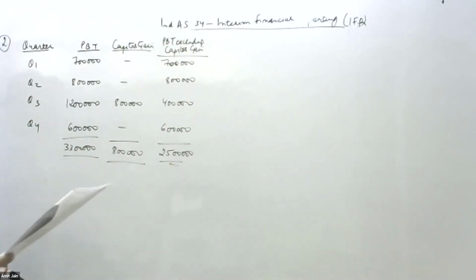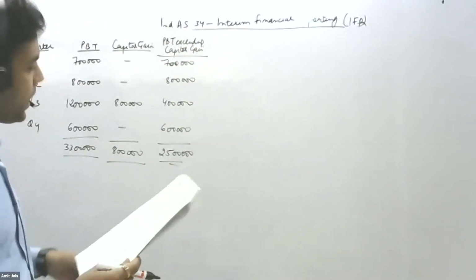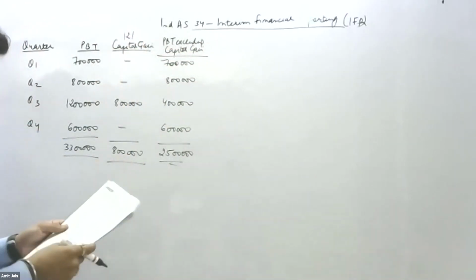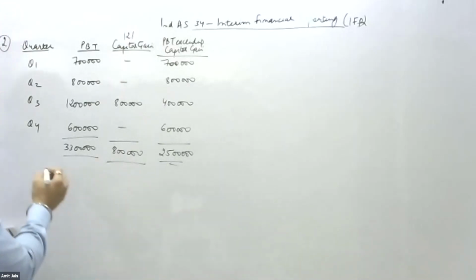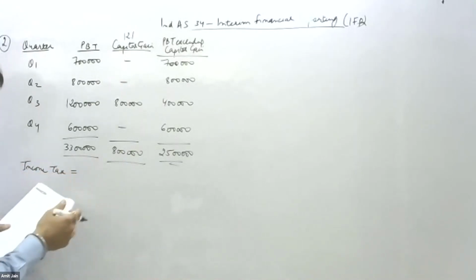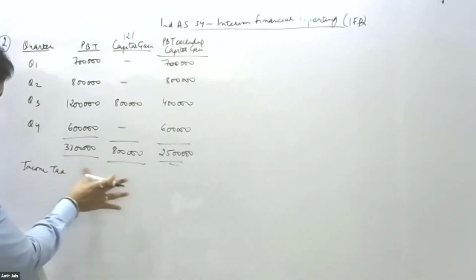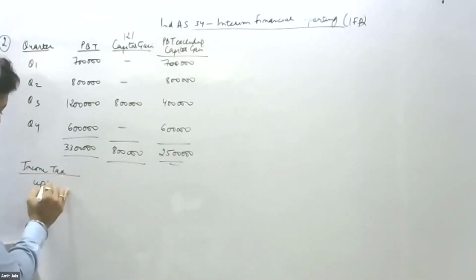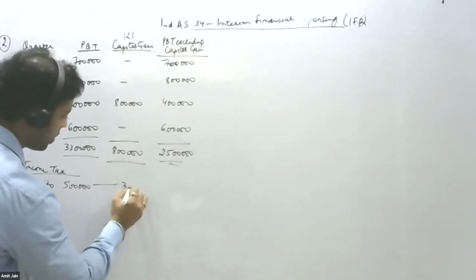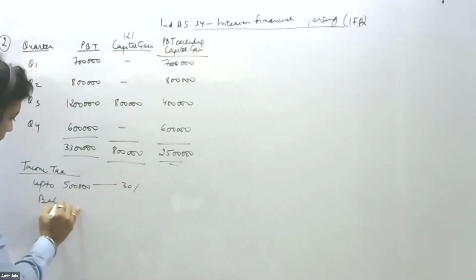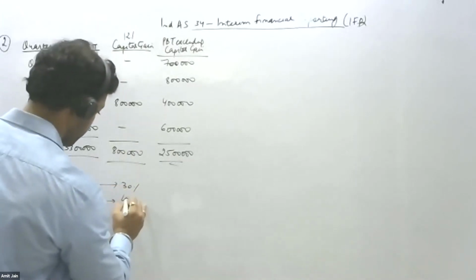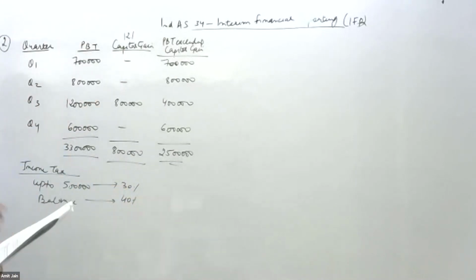This will be 25 lakh rupees, right? This is what we have read till now. Capital gain will be taxed at the rate of 12%, and income tax will be taxed like for the first up to 5 lakh rupees 30%, and the balance will be taxed at a rate of 40%, right?